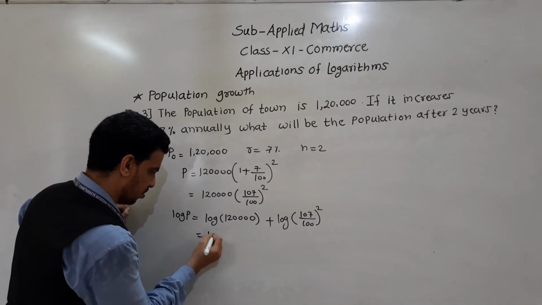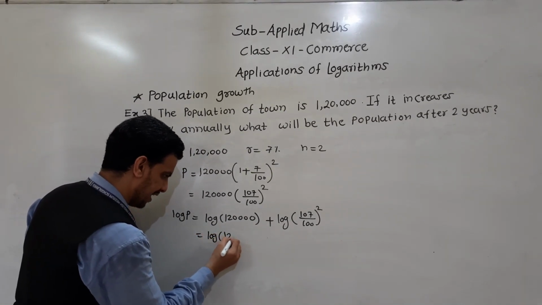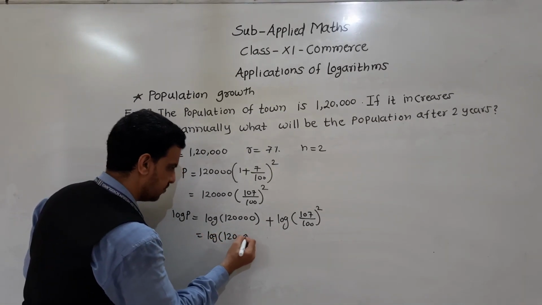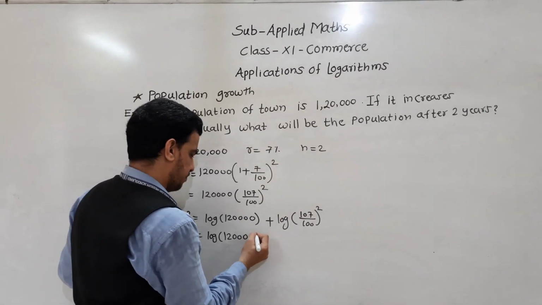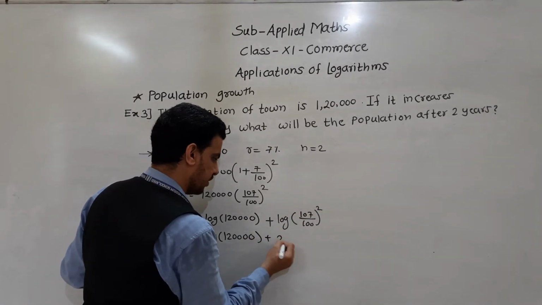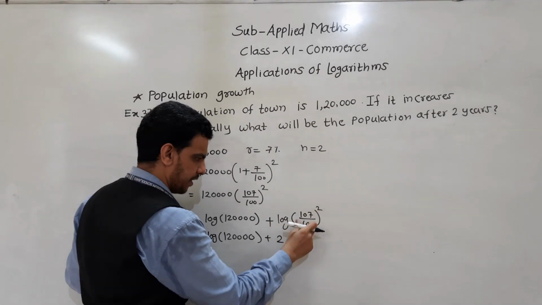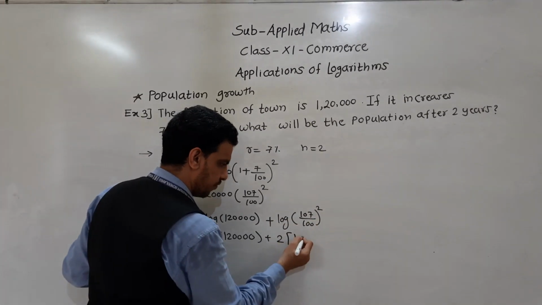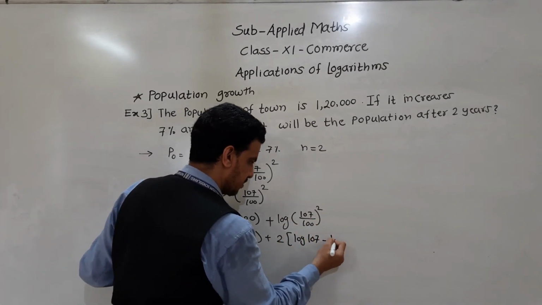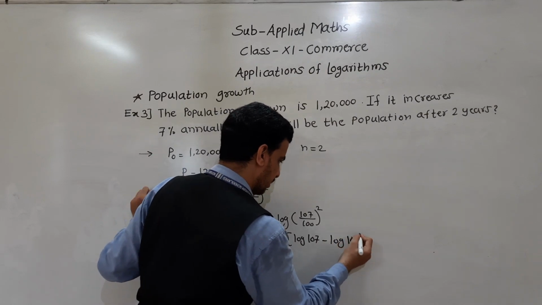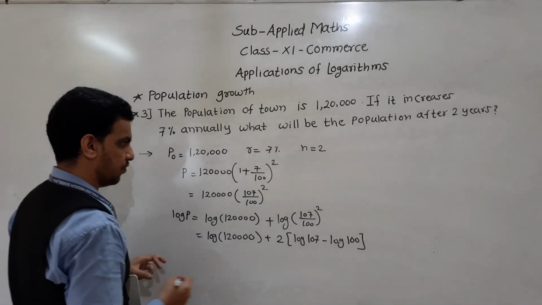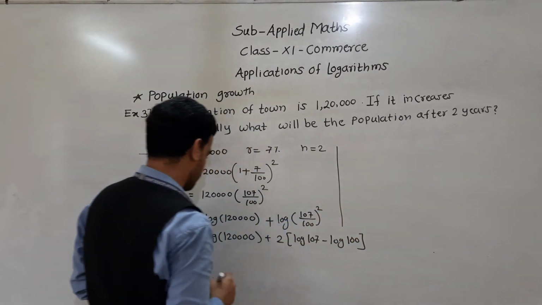So this is log of 1,20,000 plus 2 into log of m by n, so it is log of 107 minus log of 100. Now we have to find log of all these numbers.